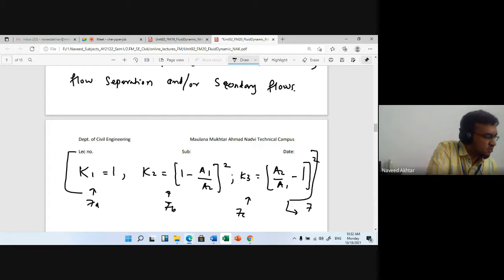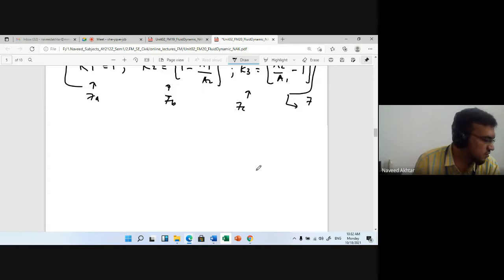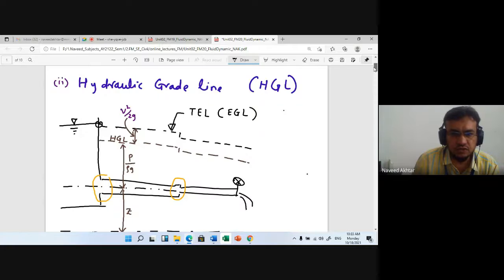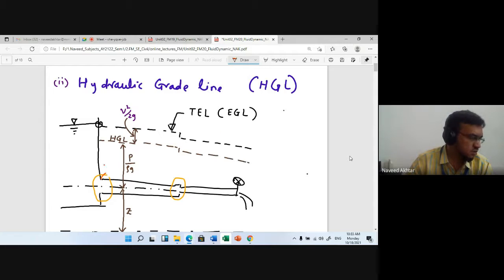From the figure you know that, if you write down on your figure here, at this point the loss is K3, then losses K2, K3 at the junction. You can write down these are the losses.